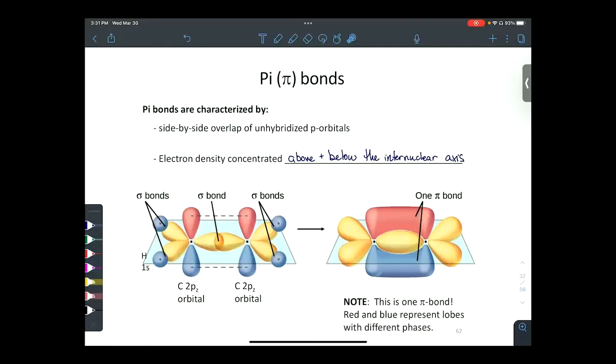The first thing is that side-by-side overlap of unhybridized p orbitals. That's how we make pi interactions. So hybridized orbitals, like your sp, your sp2s, whatever, cannot make pi bonds, ever. It's only the leftover unhybridized p orbitals that can.